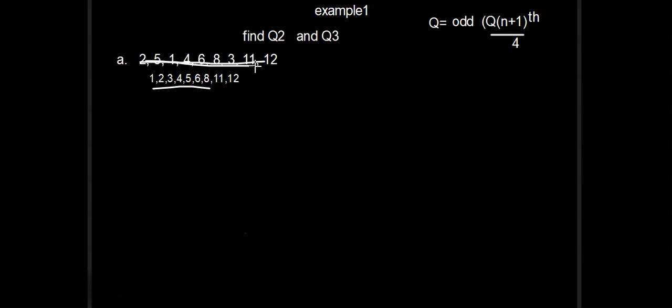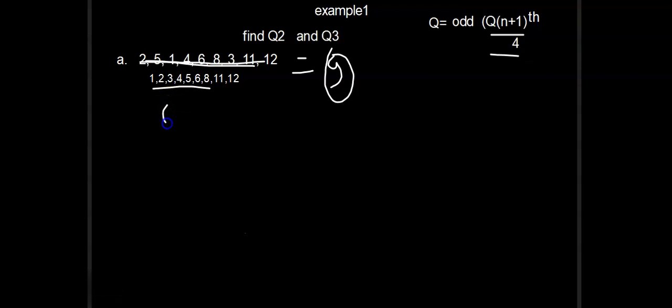The second step is to count. When I count the numbers, it's 1, 2, 3, 4, 5, 6, 7, 8, and 9. Since this is 9, and 9 is odd, I'm going to use the odd formula.